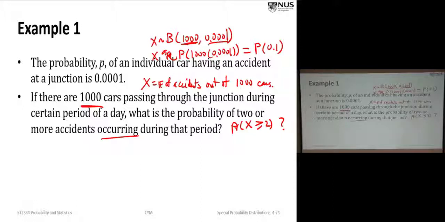So x can be considered to approximately follow a Poisson distribution with an average equal to 0.1. The expectation of x is n times p, and this expectation of x is used as the parameter. So this is lambda, which is the expectation of x. So in this example, n times p is 0.1.